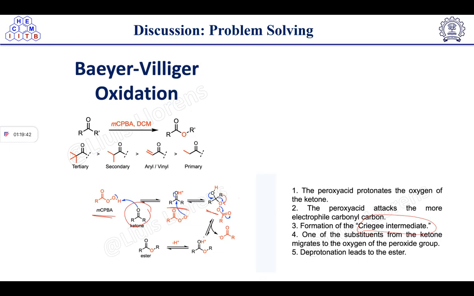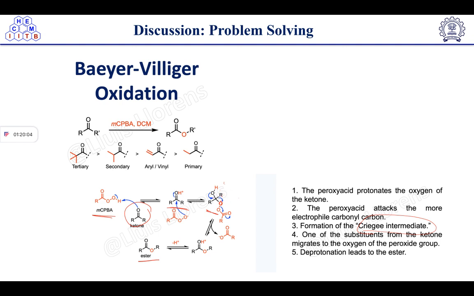Then deprotonation will lead to the formation of esters. So what is happening here? First of all, this intermediate is forming. After this one, this lone pair of oxygen will push electrons here, right? Here the ketone will come, so this R group will be eliminated, which will be taken by migration onto this oxygen. It will migrate onto the oxygen.